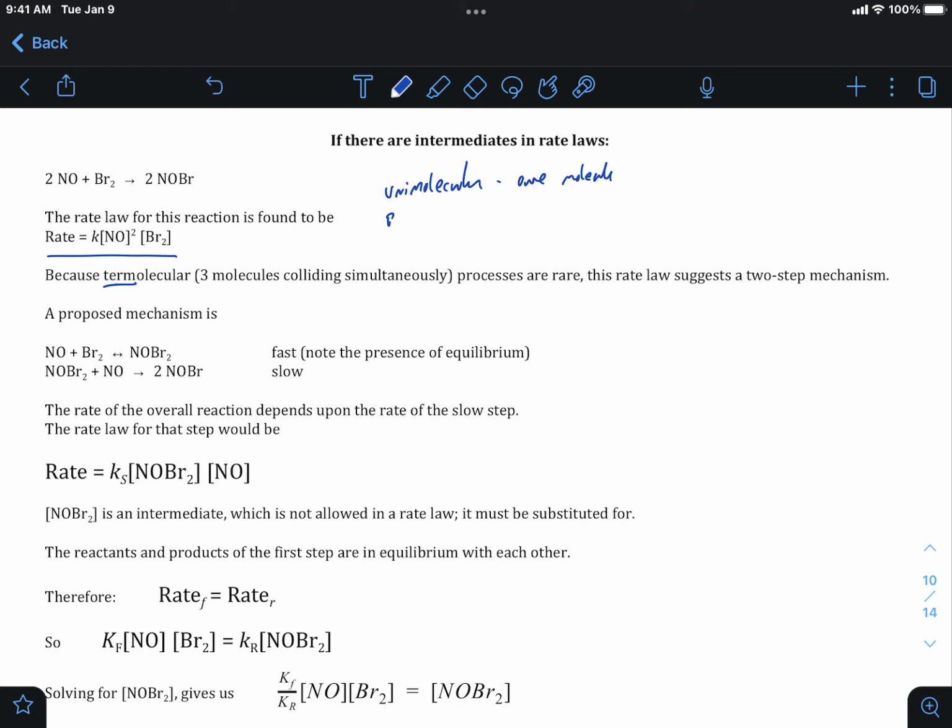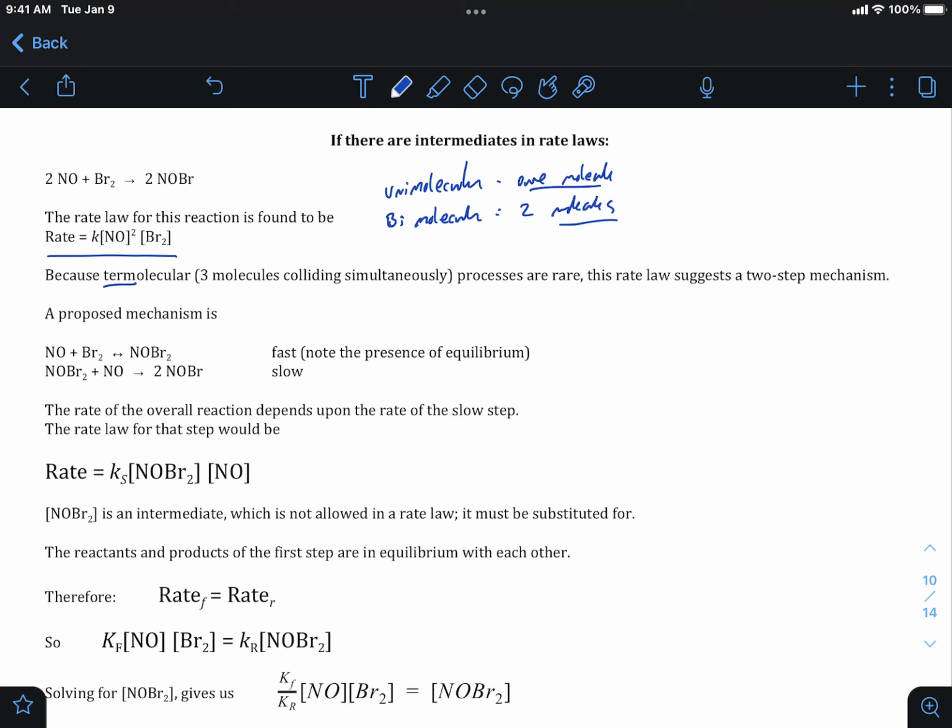There's bimolecular, which means there's 2 molecules. What I'm talking about is different types of molecules for collisions. And so termolecular is 3. So there's a total of 3, because this would be NO and NO and Br.